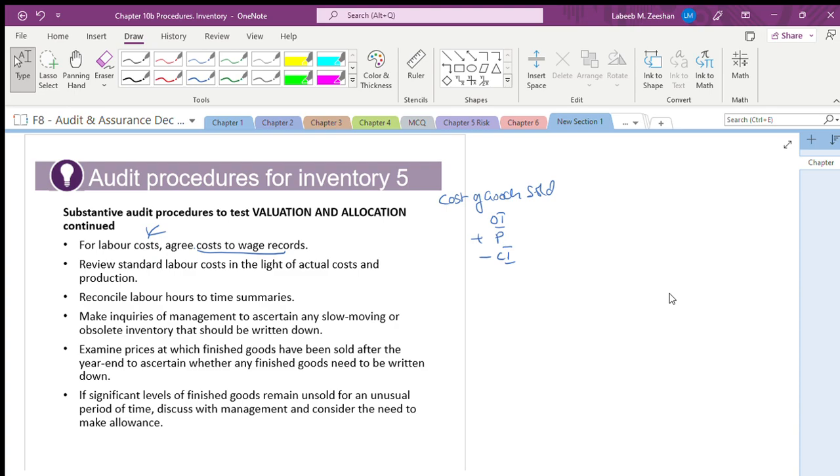Now in all three cases, inventory is involved, and it will have an impact on the production.